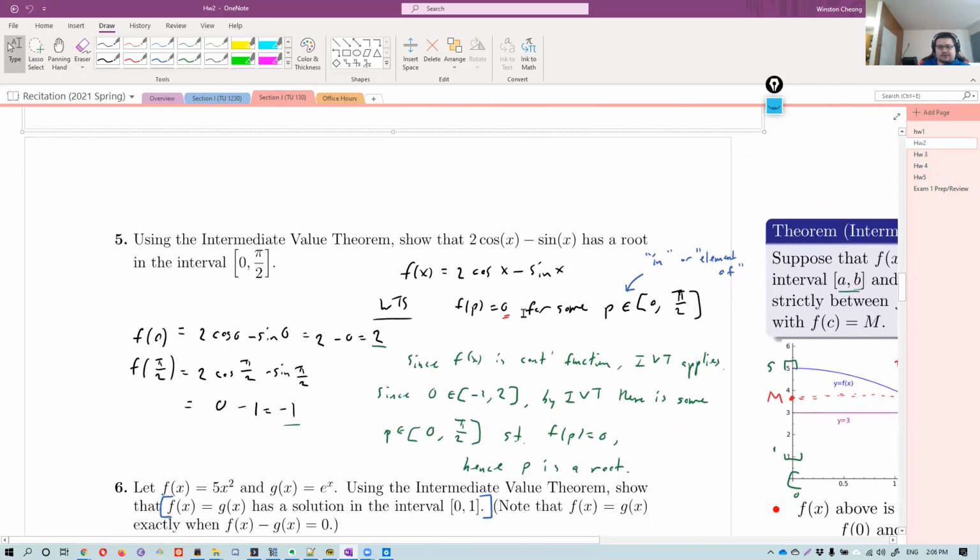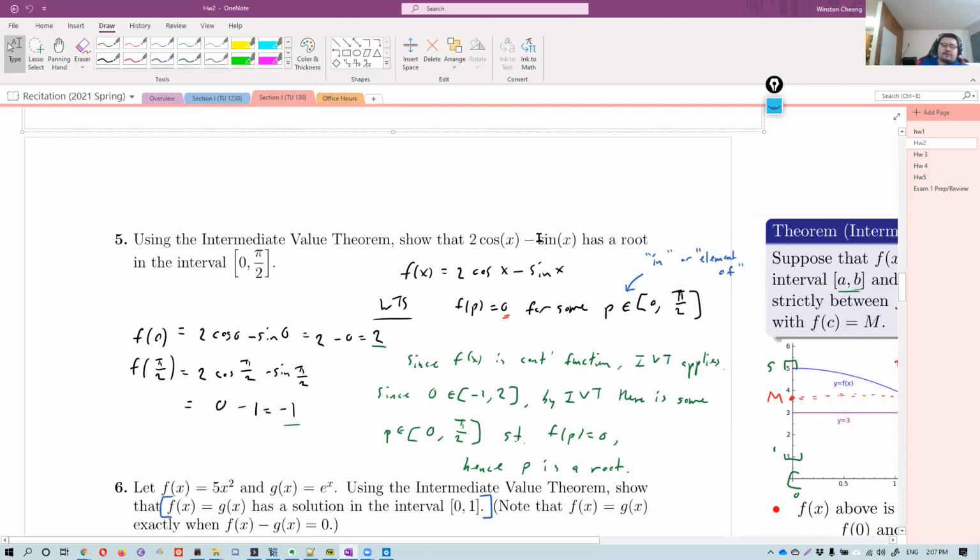For IVT, usually we just plug the function in at the endpoints of our interval, and we hope that what we get is an interval that contains the number we're looking for. Since we want this to have a root, we're looking for when this function is equal to 0, so we want 0 to show up in the interval.